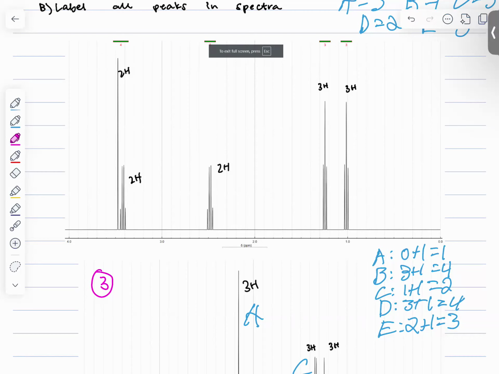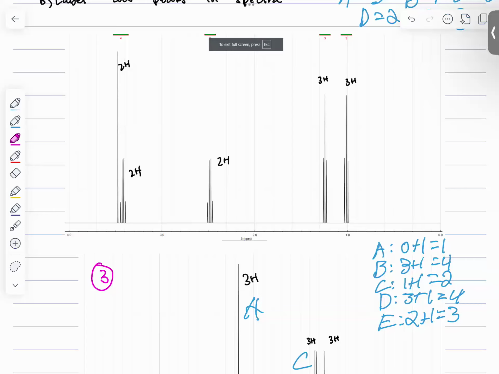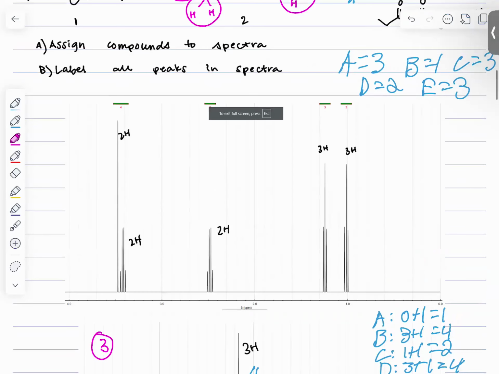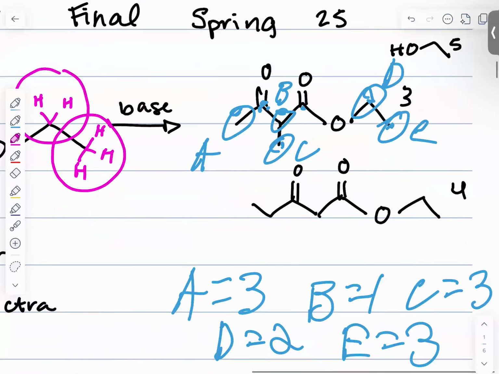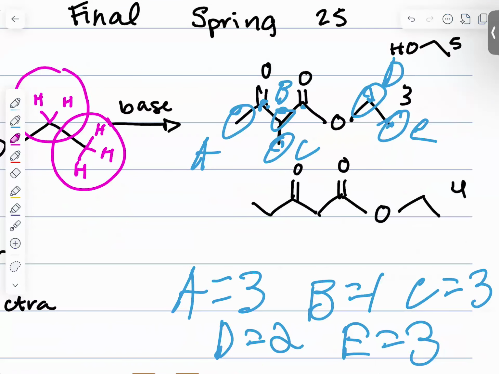Okay, we'll do that. So we have correctly identified the right spectrum for compound 3. So now we can look at compound 4. Now, I'm going to start the same way, which is identifying those proton signals. So I'm going to start by drawing in all of my protons.